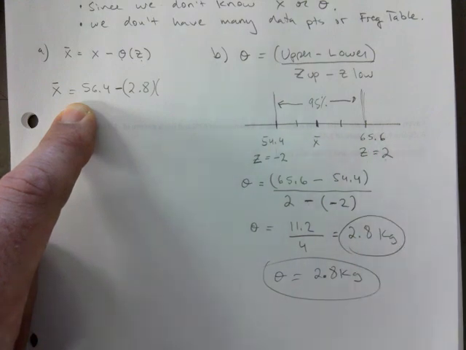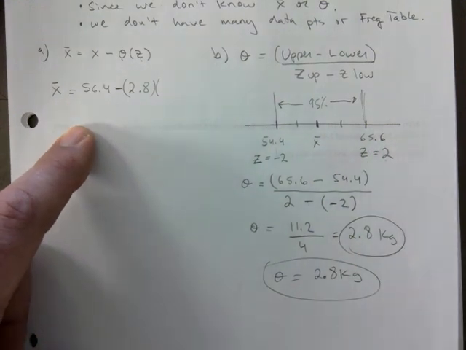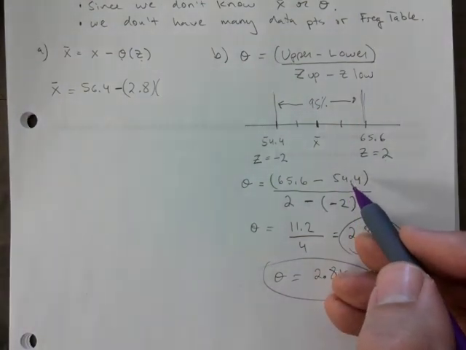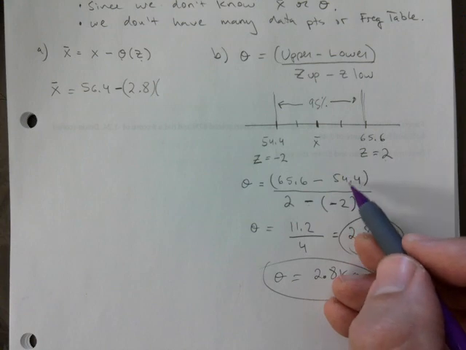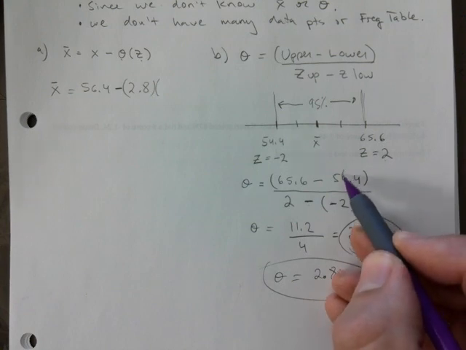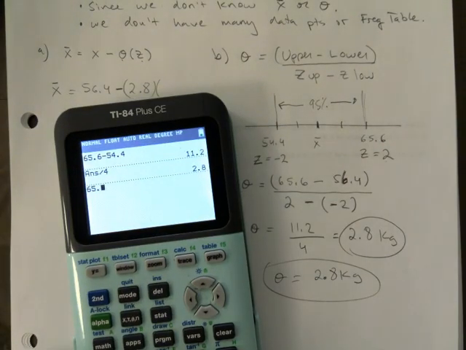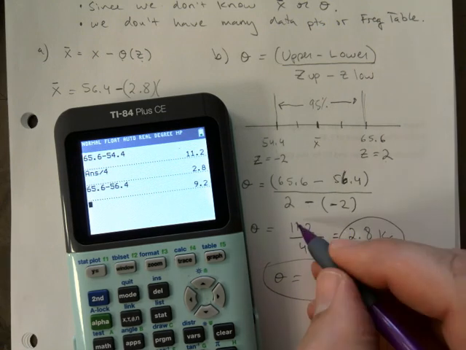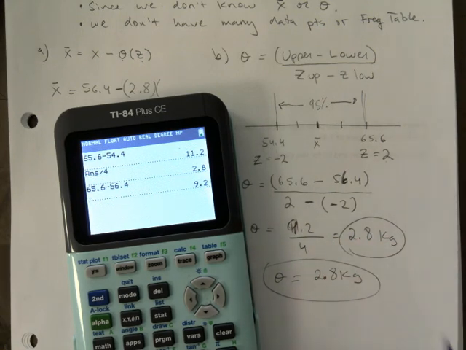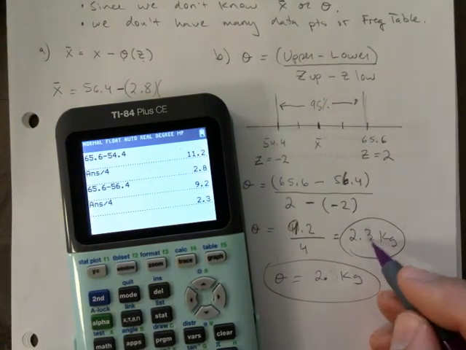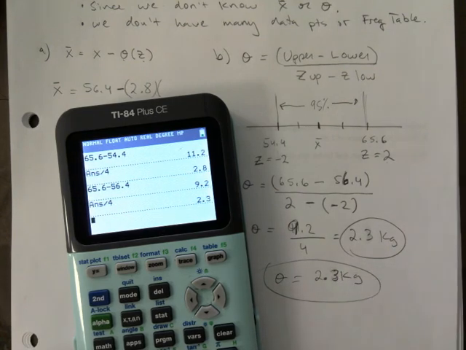Sorry, I made a mistake, didn't I? This is 56.4, not 54.4. Good catch. That's 9.2 divided by 4, which is 2.3. My bad. 2.3. Sorry.